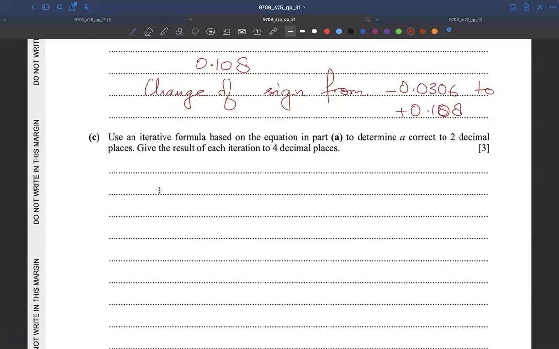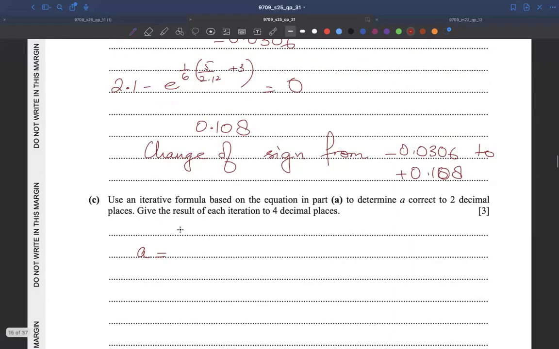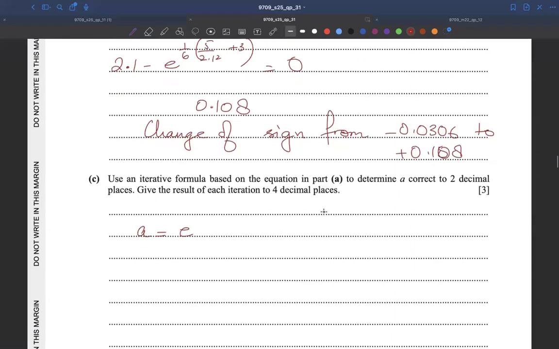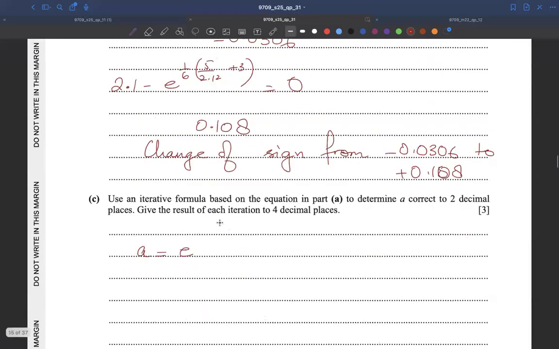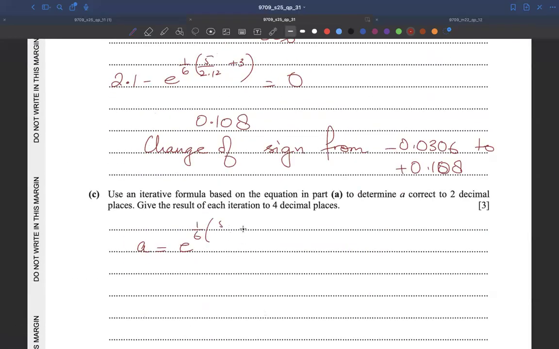So we know that a can be written as e to the power of 1 upon 6 into 5 upon a squared plus 3. And then all we have to do is start off with the initial value. So the initial value we can take as the middle value of 2 and 2.1. So let's take 2.05. Now let's substitute this into the calculator.